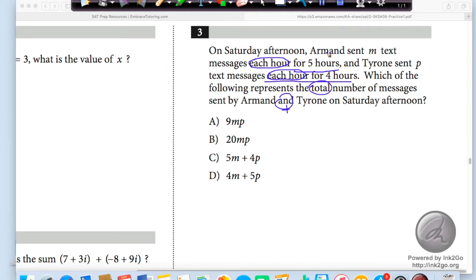Armand is going to send M text messages for 5 hours, so Armand is 5M. The total number of messages is the amount that Armand sent plus the amount that Tyrone sent. Tyrone is going to send P messages in the amount of 4 hours. So 5M plus 4P is going to end up being the total that they sent. So C is going to be your best answer. All right.